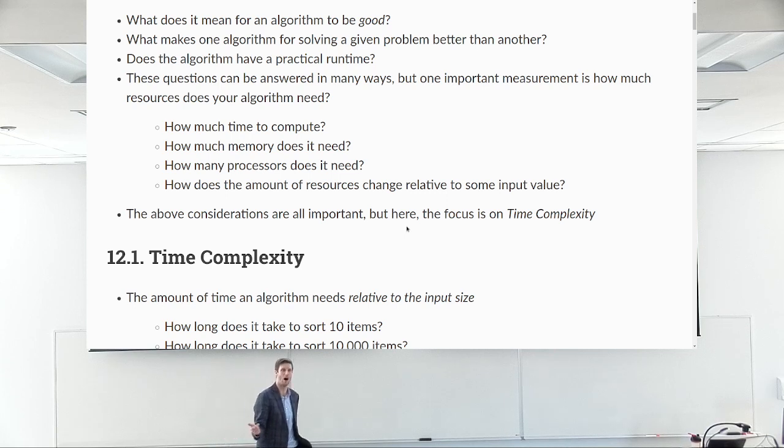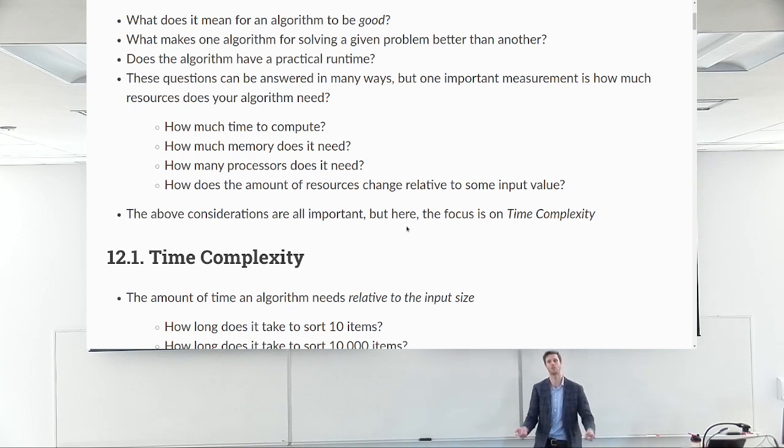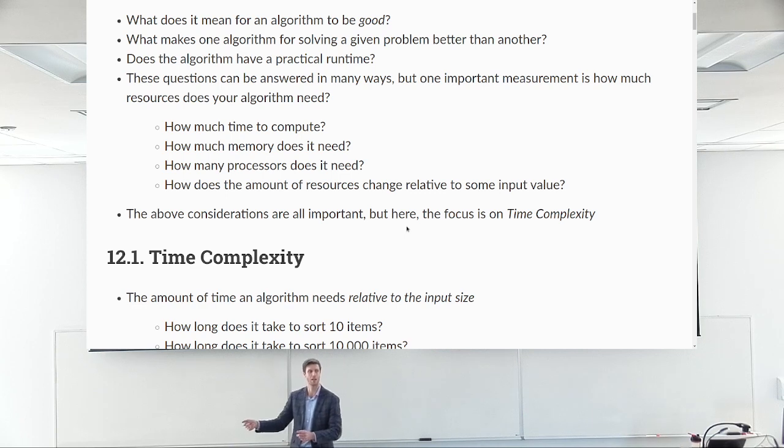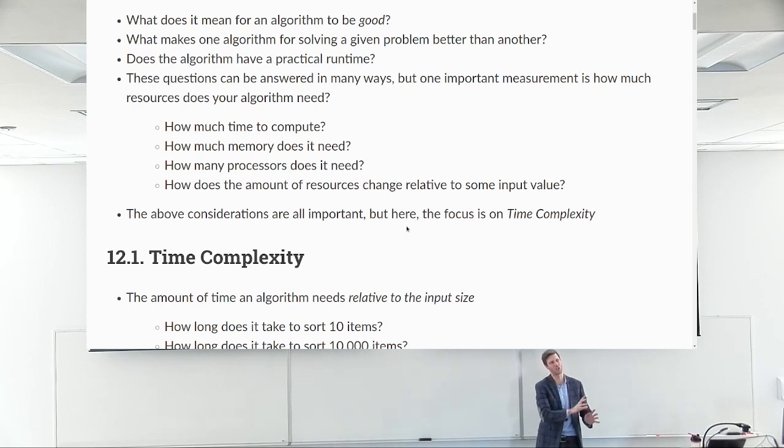That's an example of the amount of resources it requires. How does it change relative to the input size? Well, it changes linearly. If you double the input size, you double the amount of resources it needs. So it's not the absolute values, it's how it changes as the input size changes. That's a very important aspect of this.